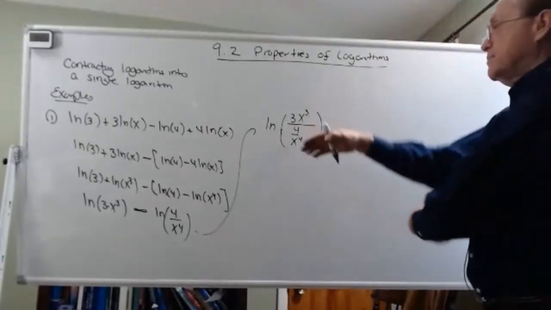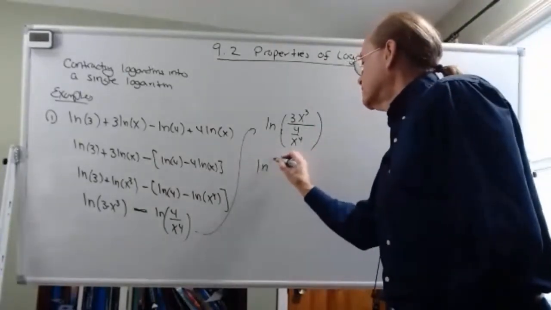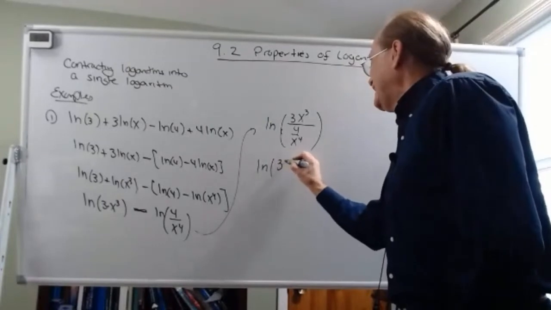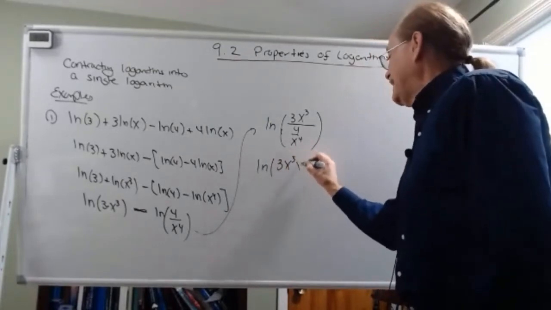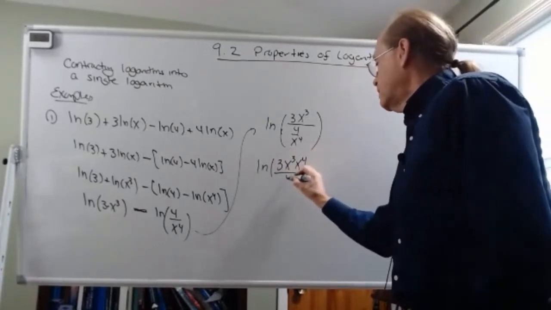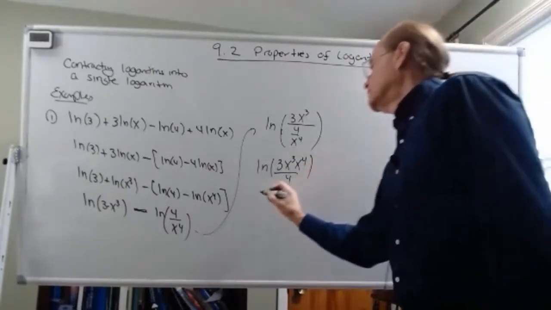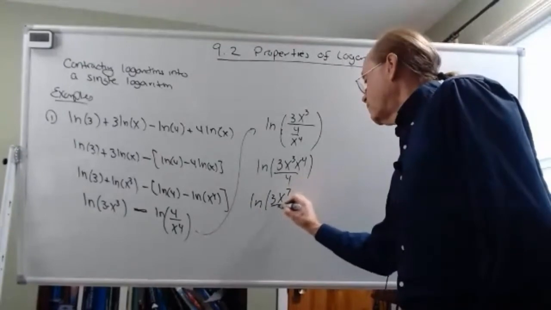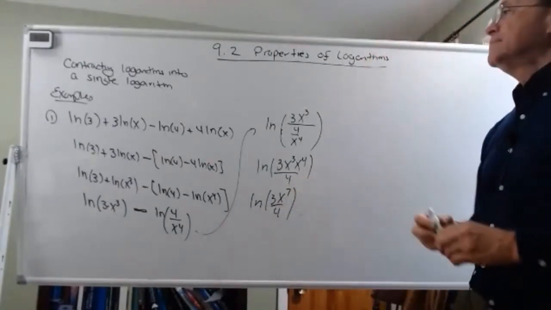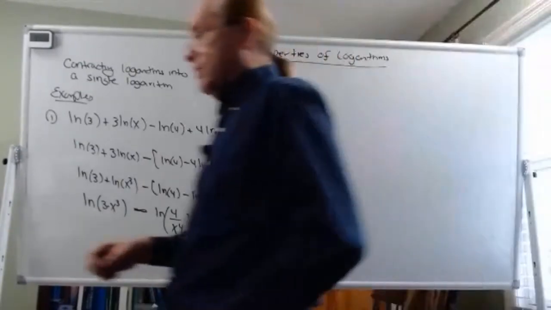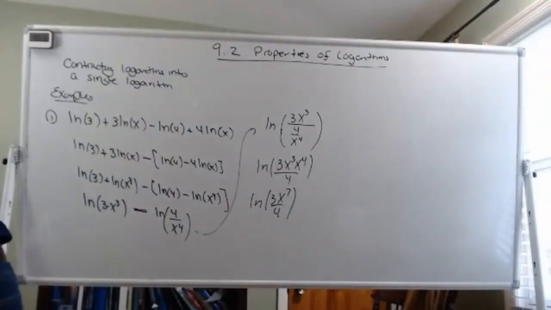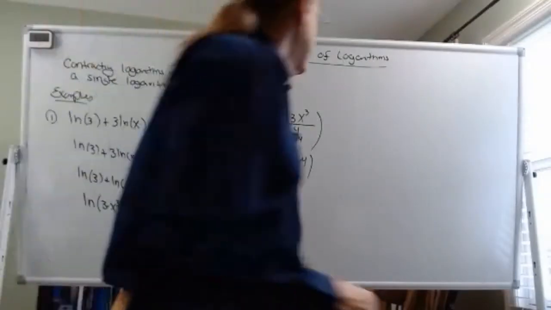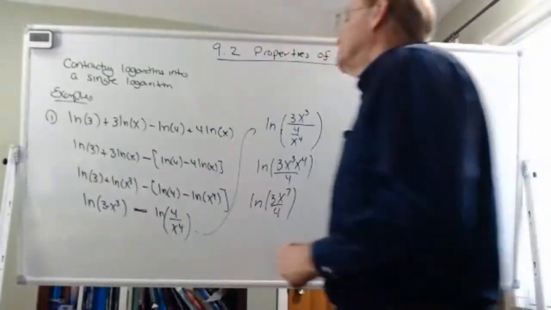Now I can take the reciprocal and move that up, and I get the natural log of 3x cubed times x to the fourth over 4. And then I can add those exponents to get the natural log of 3x to the seventh over 4. So I could write it that way right there. Okay, that's a simple problem.